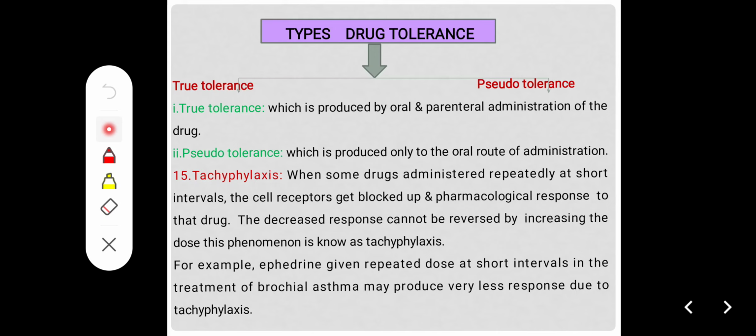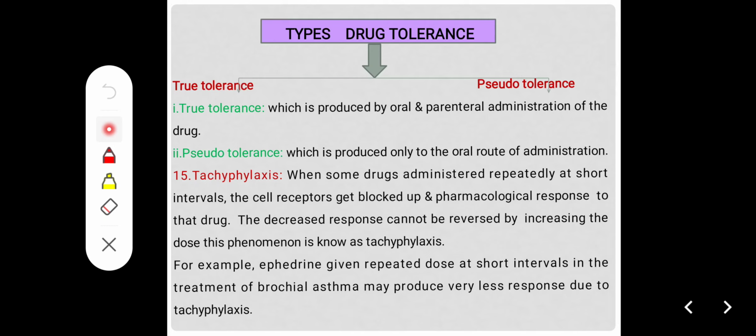The response to the dose decreases, so the first time it works, but the second time you need a higher dose as compared to the previous dose. When next time we take the same drug, we need more dose. That is tolerance. Types of tolerance: true tolerance and pseudo tolerance.